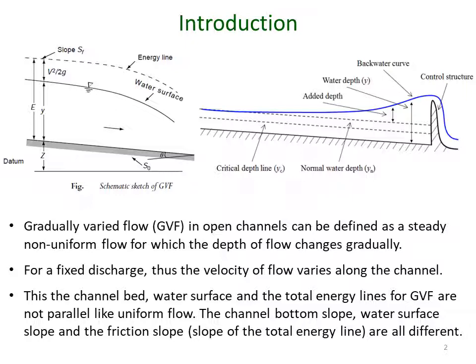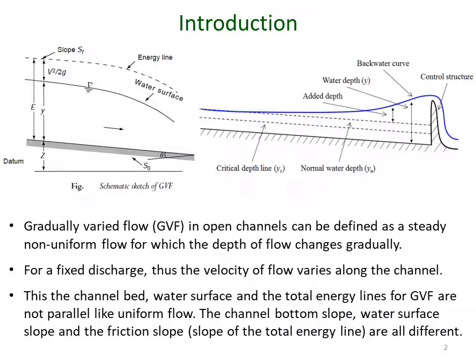unlike uniform flow, the channel bed, the water surface, and the total energy line are not parallel to each other anymore. That's why the channel bottom slope, the water surface slope, and the friction slope, or the slope of the total energy line, are all different.